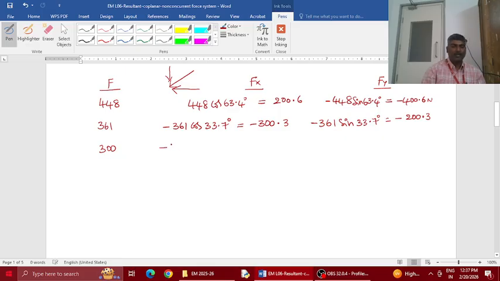And going for 300 Newton directly, where the angle is available. So it is minus 300 cos 60, which will be minus 150.0, and 300 sine 60, which will be 259.8.